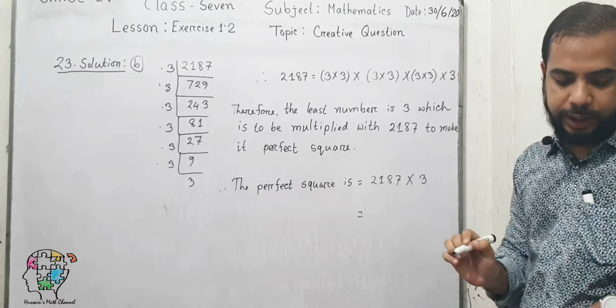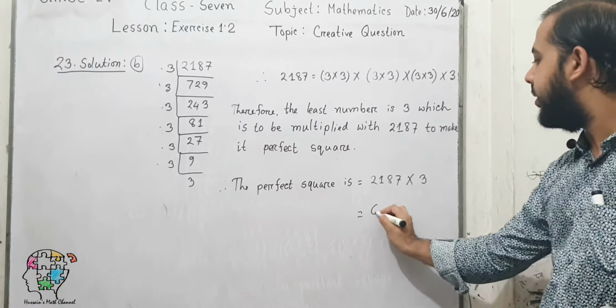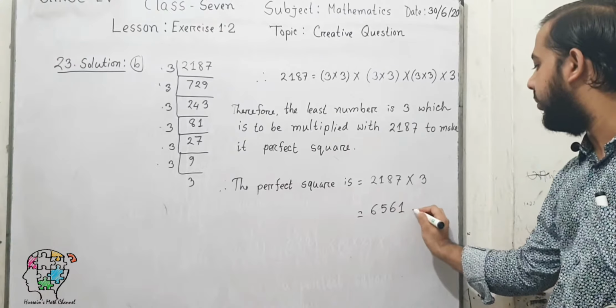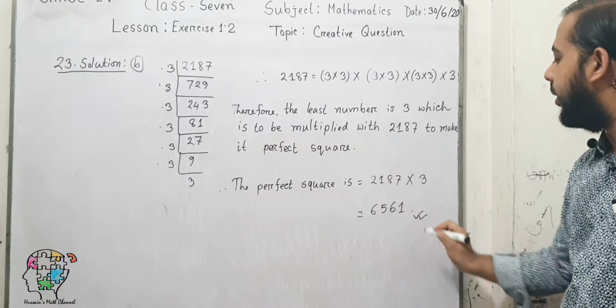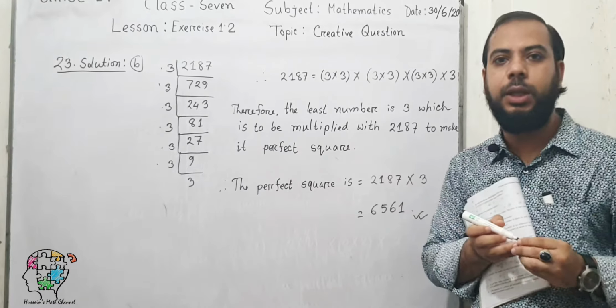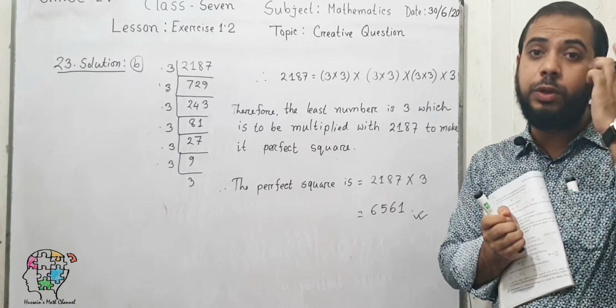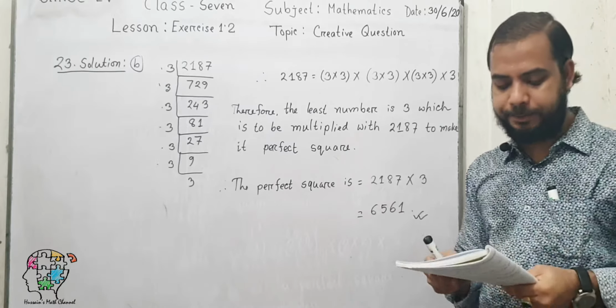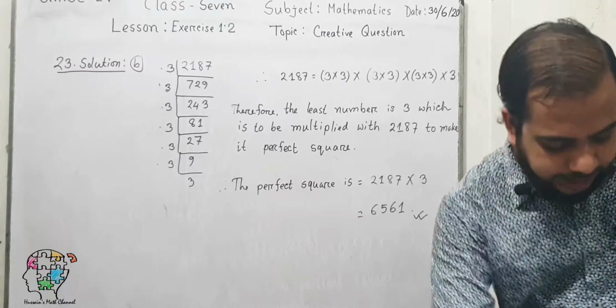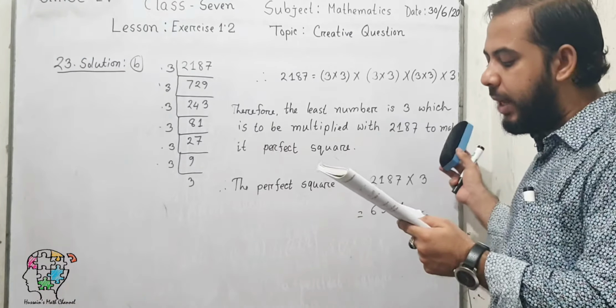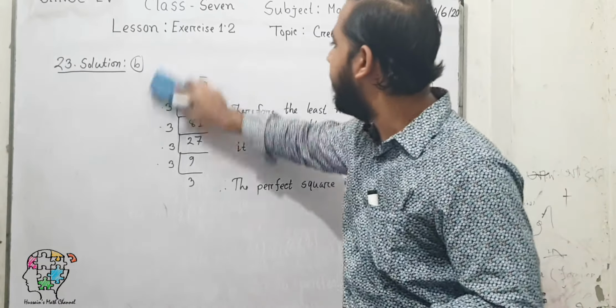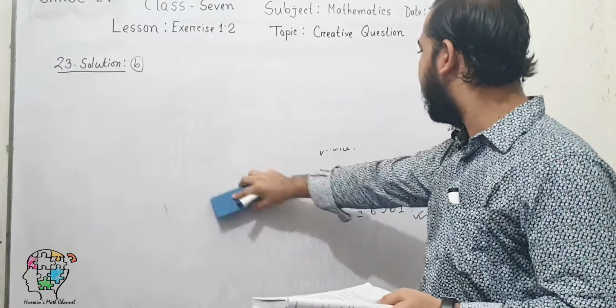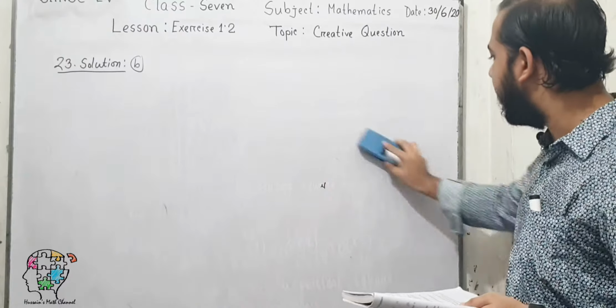So if we multiply it by 3, we will get 6561, which is the perfect square number, which completes our question B. Now we move on to our next question, question C. Question C asks, what is the least number to be added to the second number so that it will be a perfect square number?